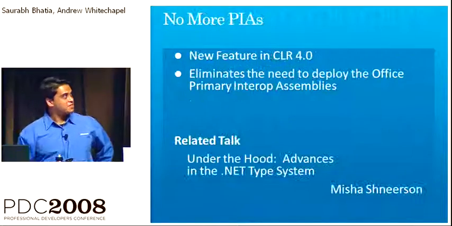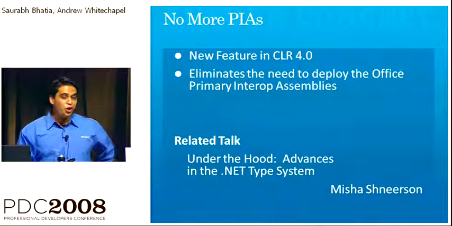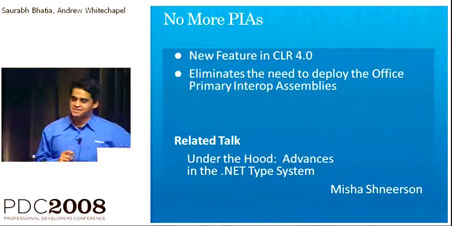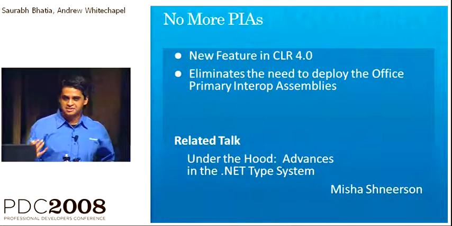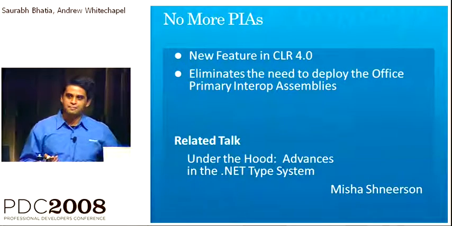The last feature for this talk is something we call No PIA, or No More PIA. This, in fact, is not just related to VSTO or Office customization, but it's a change in CLR 4.